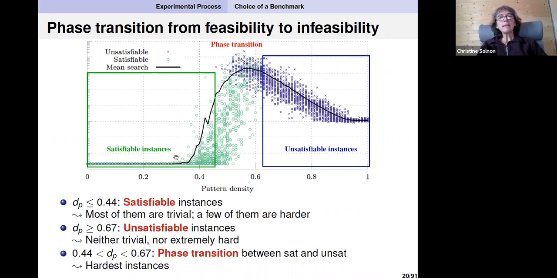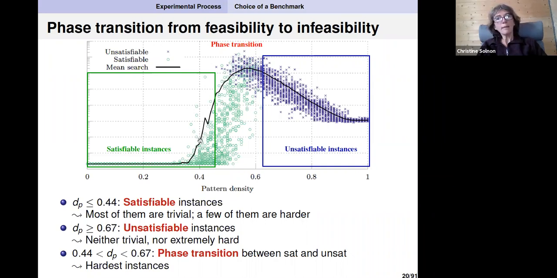And here you can see the black line is the average solving time. And we can see that for a given probability, for example, when the probability is 0.4, I have a lot of very easy instances, and then very few difficult instances.